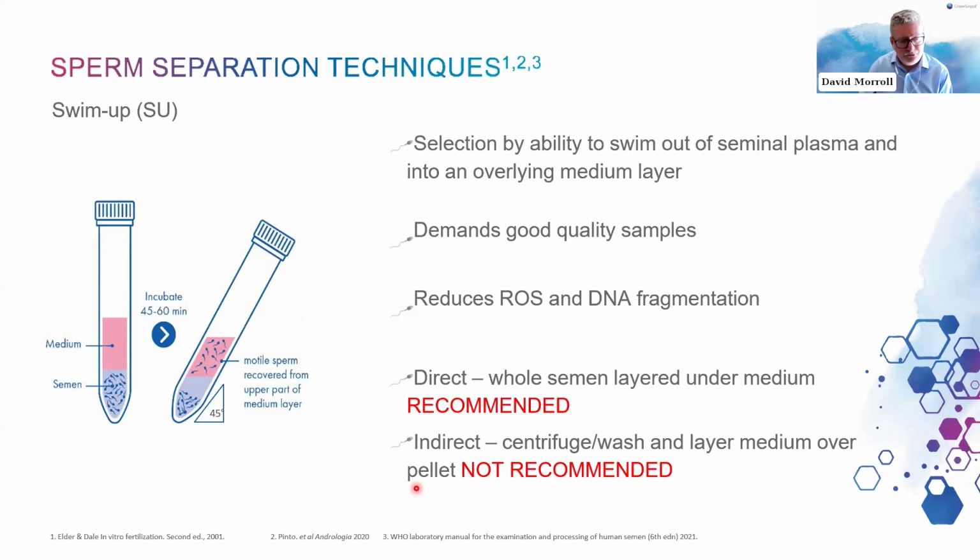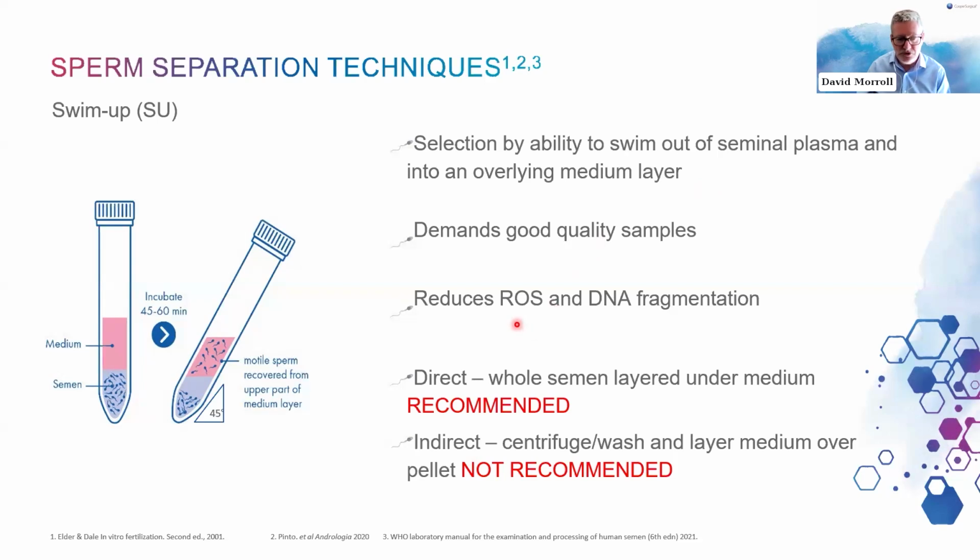So let's think about the sperm preparation techniques that we typically use. I'm sorry, I'm going to go over old ground. You will know a lot of this, but I'm going to go through it. The swim up selects sperm by their ability to swim out of seminal plasma into an upper layer of medium. That means you generally need good quality samples with decent motility.